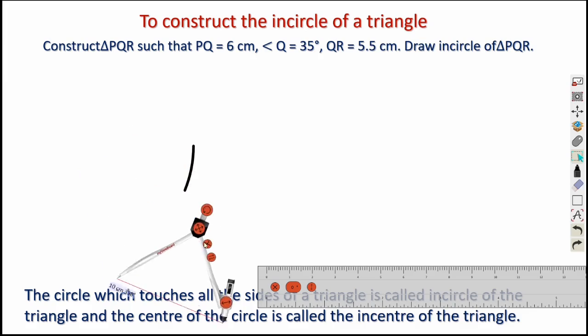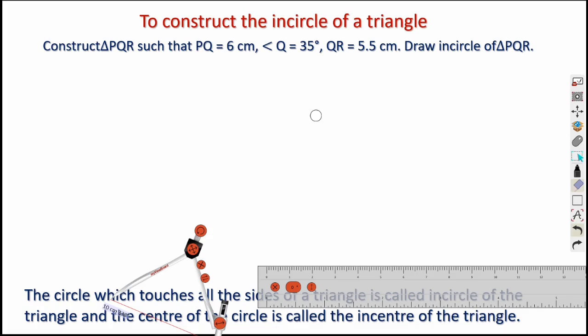Let me read the question. What is the question? Construct triangle PQR, and I know that without rough diagram it will go wrong. ठीक है. PQ is equal to 6 centimeter, angle Q is equal to 35 degree, QR is equal to 5.5 centimeter.